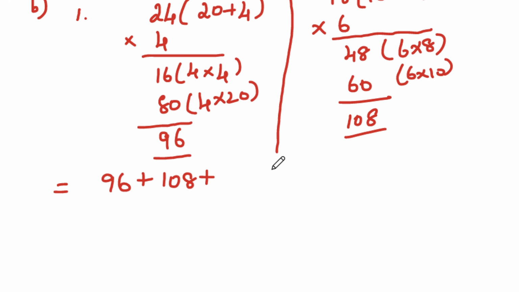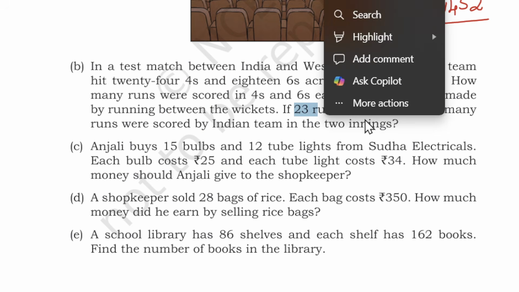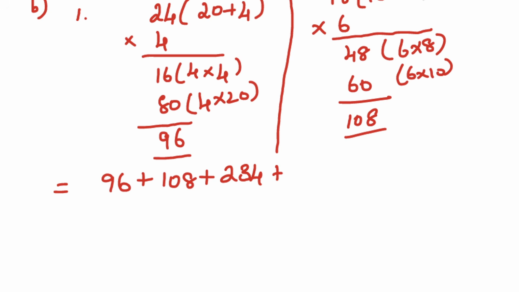And we got how many? 234 by wickets. And we have 23 extra runs were there. So you have to add that 23 also.